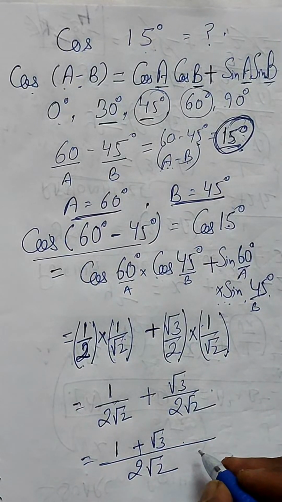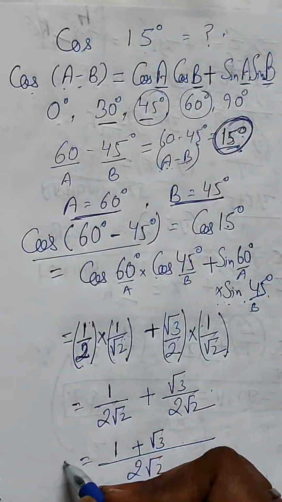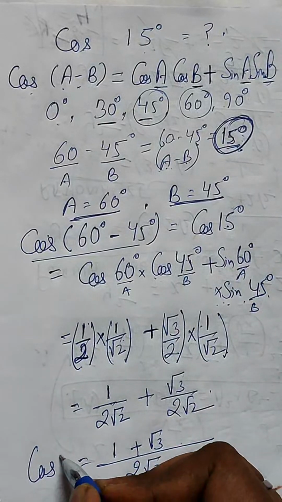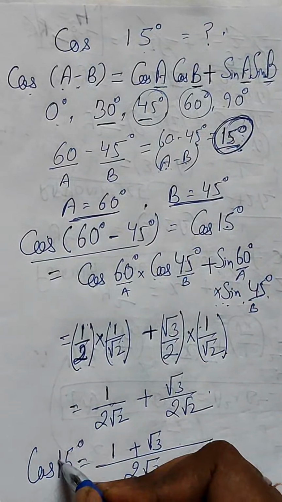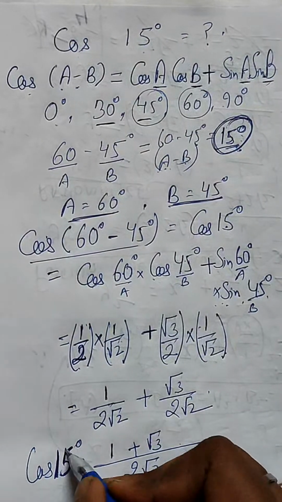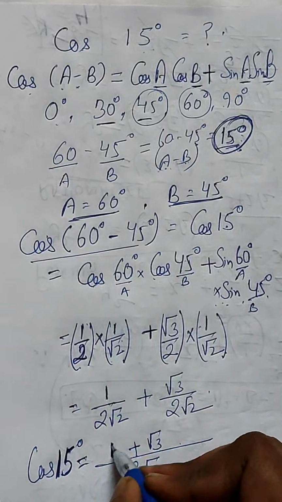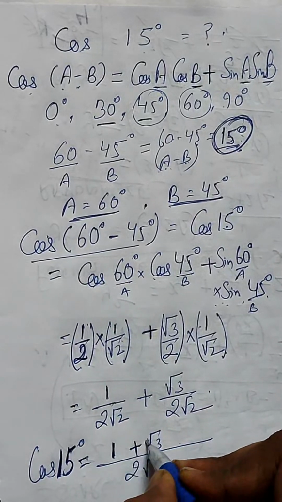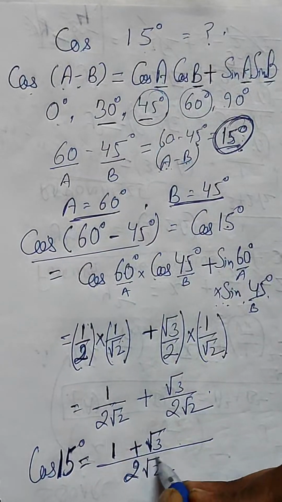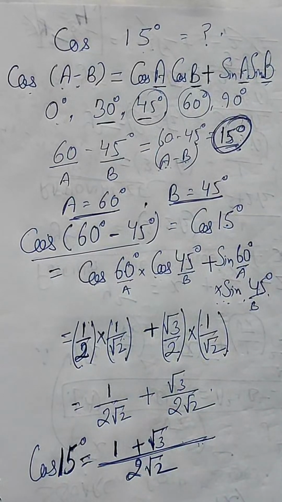This is the value of cos 15 degree which we have calculated. So students, in this way we have solved this question, and the value of cos 15 is 1 plus root 3, or you can also write root 3 plus 1, by 2 root 2. This is your answer, right?